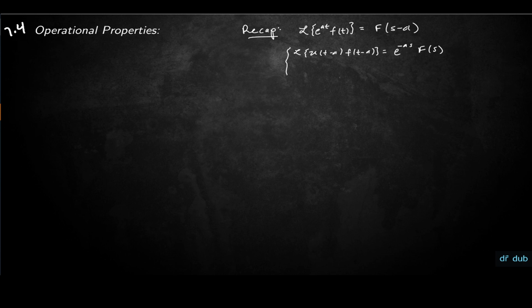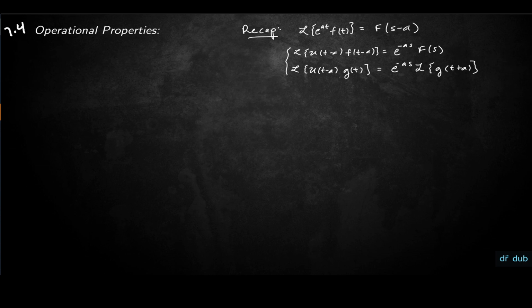And then we had the Laplace of u of t minus a times f of t, or even we could say g of t. Let's call it g of t instead of f of t right there. This is equal to e to the negative as times the Laplace of g of t plus a.